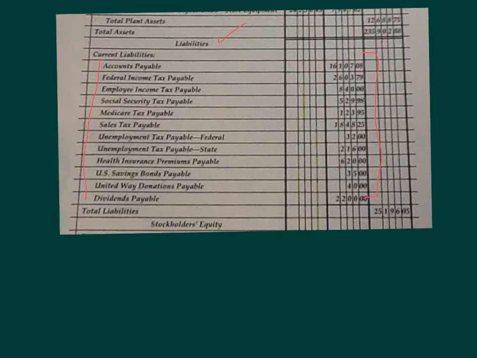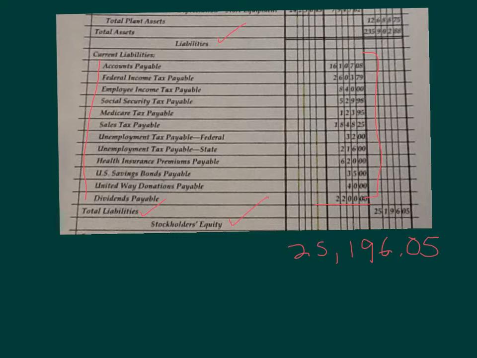You're going to be getting a total liability number, so remember, when you're totaling, you place the line here. The total of all of these numbers will be written in your third column, and the total is $25,196.05.